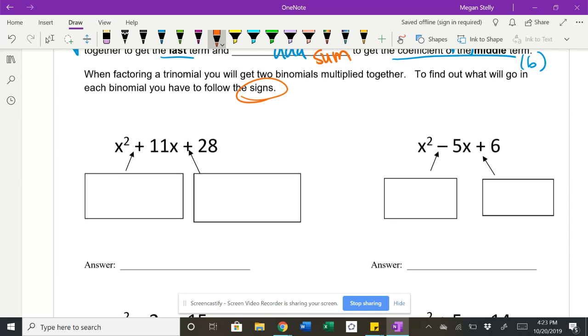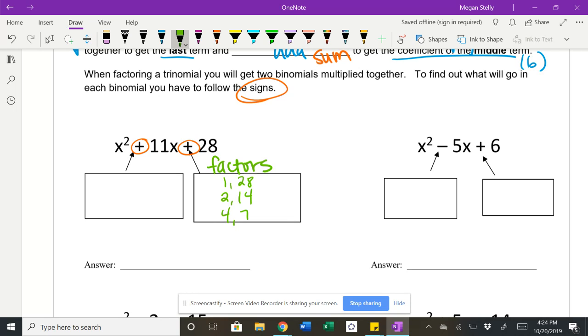In our first example, this is the example that we like because everything's positive. We have two positive numbers. So we start by finding the factors of that last number. The factors of 28, what are they? 1 and 28, 2 and 14, and 4 and 7.